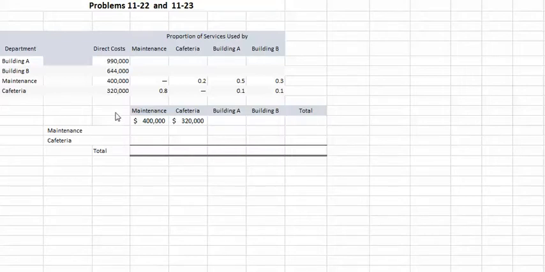We're given our cost information, and we're given our proportion of services used by the various departments. And we're told we're going to use the direct method.